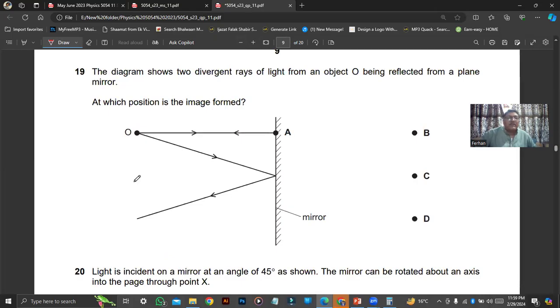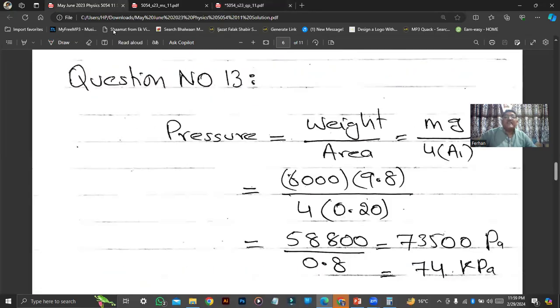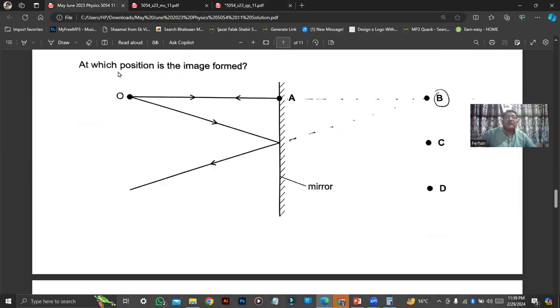Here we have question number 19. He says the diagram shows two divergent rays of light from an object O being reflected from a plane mirror. At which position is the image formed? Okay, so the method is you prolong this reflected ray behind the mirror. Where these two rays will intersect, that is the position.